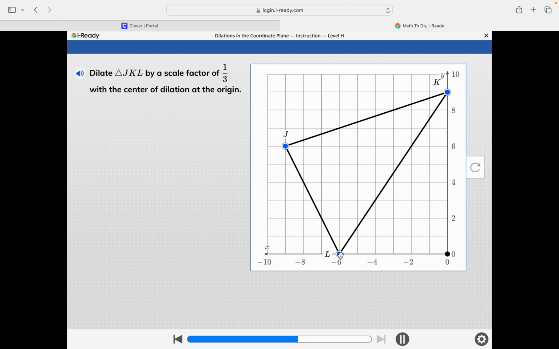Okay. Now L prime. We have to times by 1/3. Yeah. Times by negative 6. First you have to do X value. L prime of what? You are finding Y value or X value? X. Okay. L prime of X value.